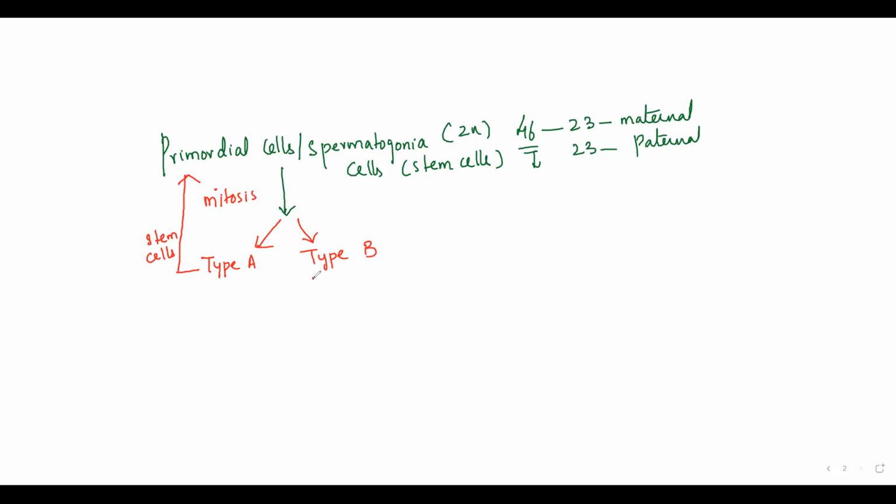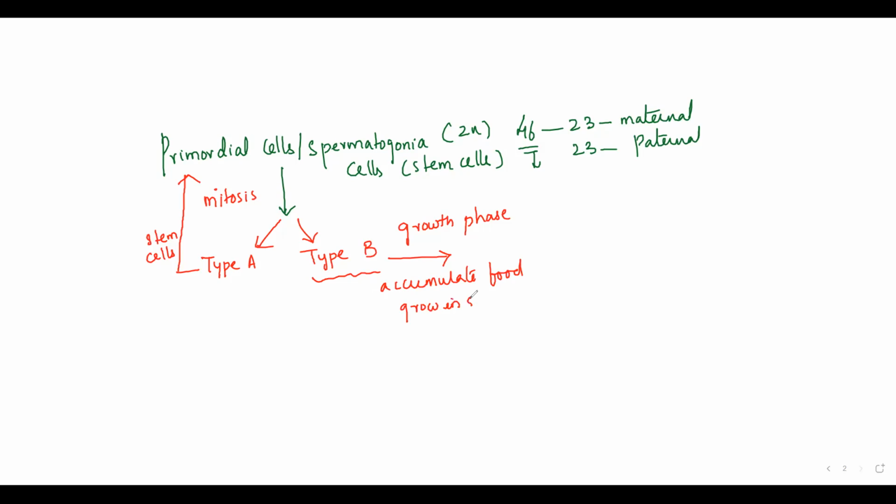And the type B cells undergo the growth phase. They accumulate food and grow in size.